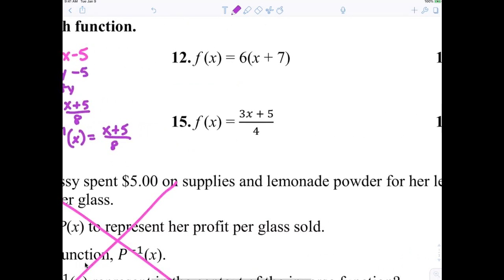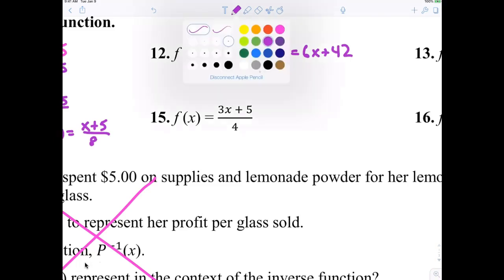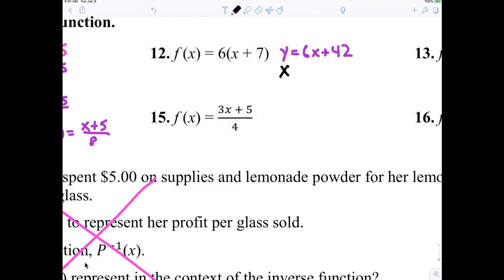Let's look at 12. My opinion on number 12, honestly, I would just distribute: y equals 6x plus 42. Now when we find the inverse, x equals 6y plus 42. Subtract 42: x minus 42 equals 6y.